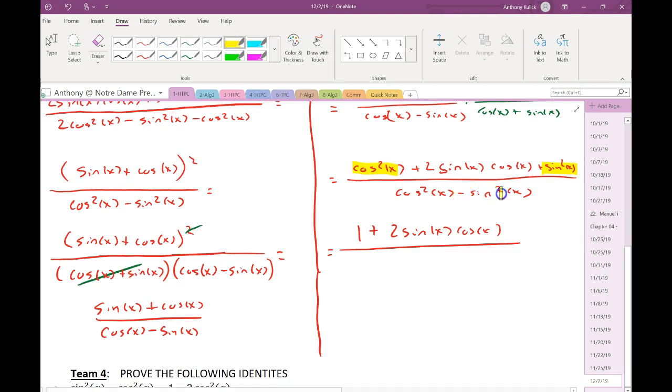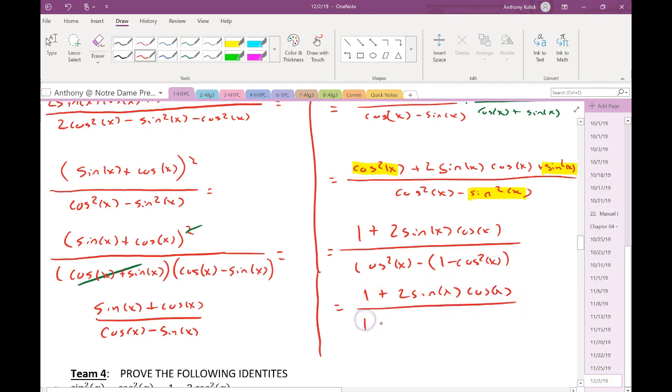I know I can turn sine squared into 1 minus cosine squared. And when I distribute that negative and combine like terms, I get 2 cosine squared minus 1.